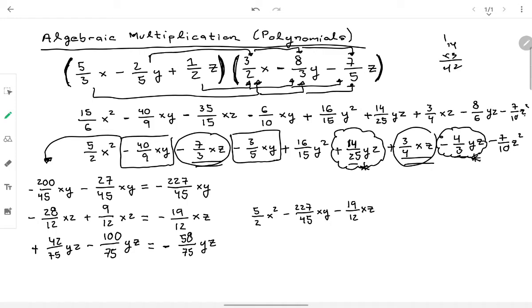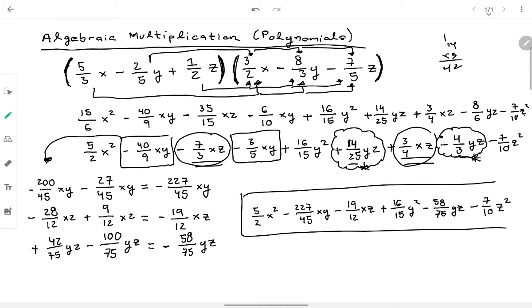Then we put the ones that have y only, then y and z. So it will be plus 16 fifteenths of y squared minus 58 over 75yz, and finally z squared. And this is going to be our final and ordered answer.